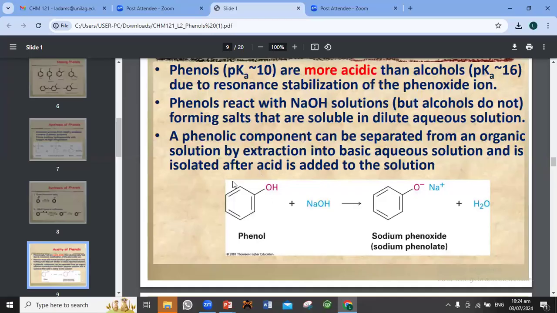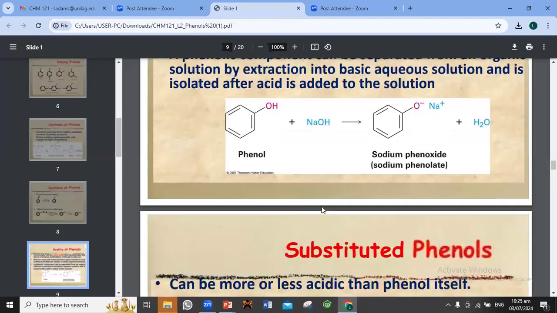So when you react phenol with sodium hydroxide, the sodium can substitute the hydrogen to give you the sodium phenoxide and water. This kind of reaction is not possible with an alcohol. You can only get the alkoxide if it was an alcohol and you use a strong active metal like sodium metal, sodium hydride, potassium, magnesium. All those will substitute the hydrogen.